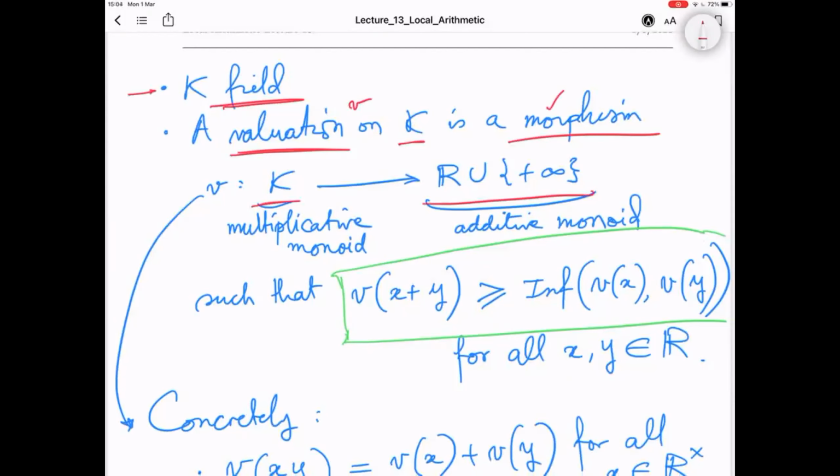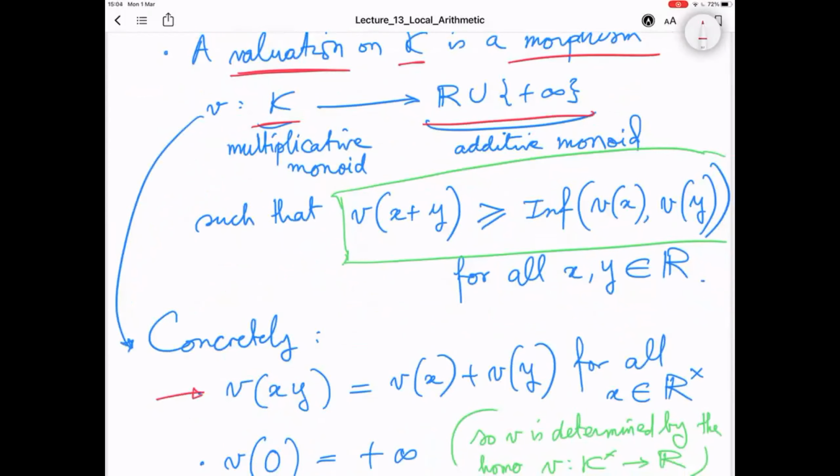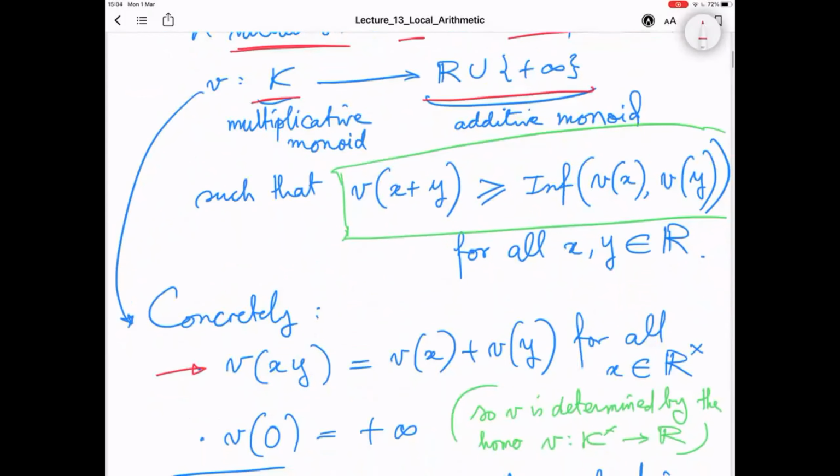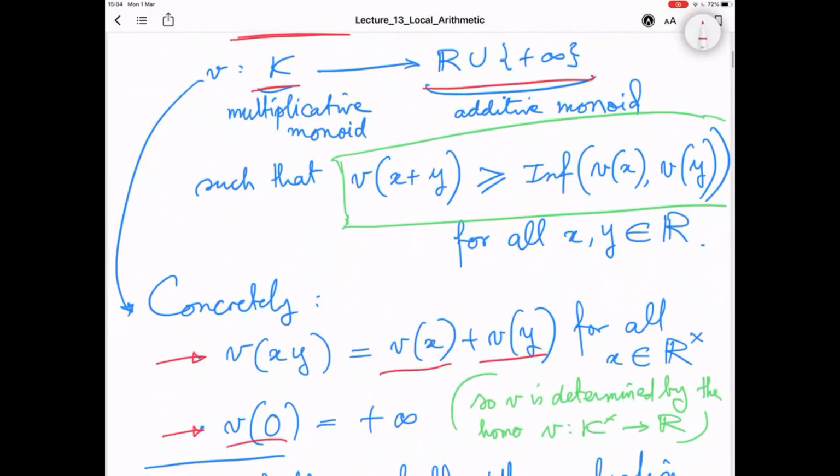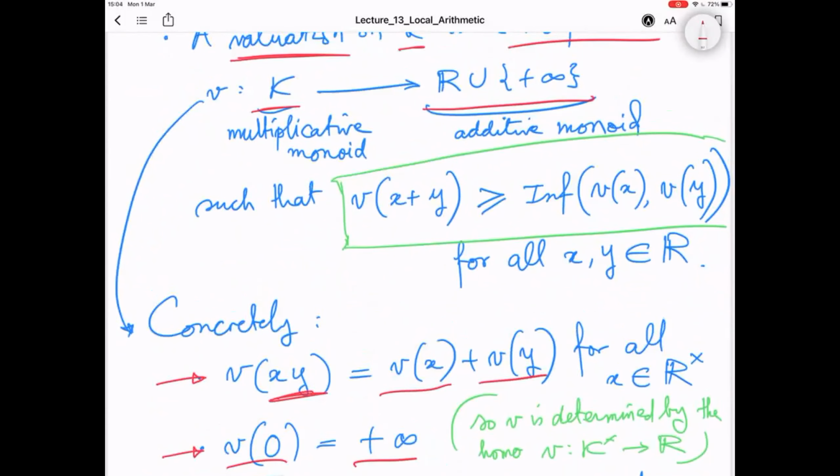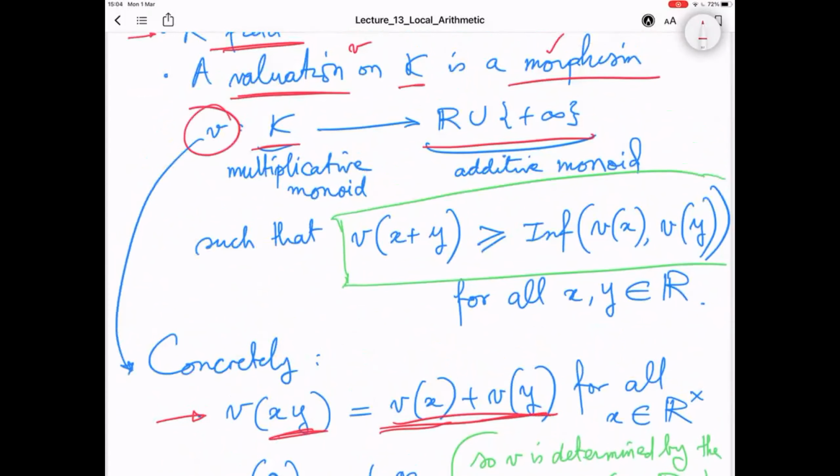So it's a morphism for multiplication. It just means that V of X times Y is V of X plus V of Y, and V of 0 is plus infinity. It transforms multiplication in the field into addition of real numbers and plus infinity. So that's just one of the properties that this valuation V is supposed to have.